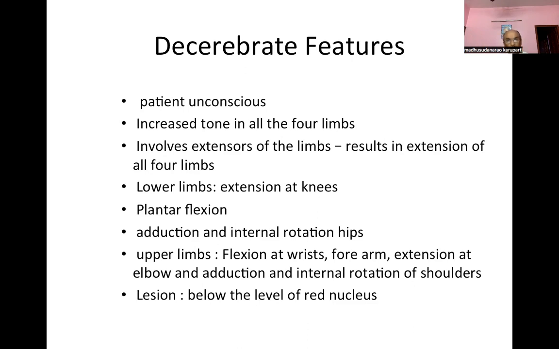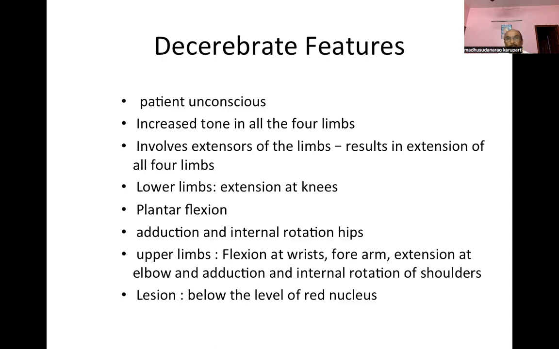The upper limbs are also extended, with extension at the elbow, pronation of the forearm, flexion of the wrist and the flexion of the fingers. And the upper limbs are adducted and internally rotated at the shoulder.